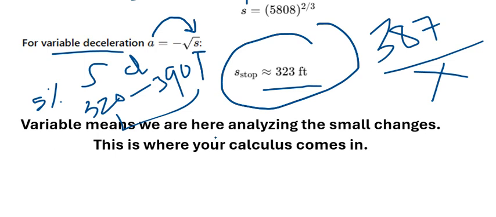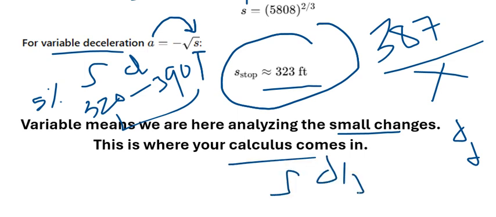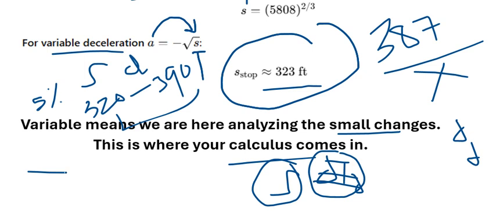So anyways, the variable means we are analyzing the small change, which is your differentiation. And that's where your calculus, integration, and differentiation come in. Every time we have a small change variable, we look at the function of something, and to get rid of this, we operate on that. Because your motion is already going from position to getting the acceleration and velocity.